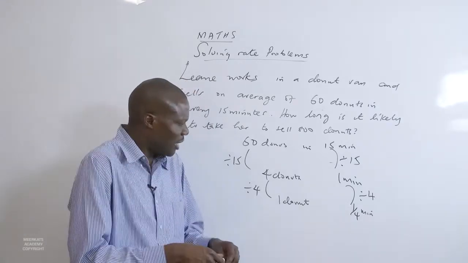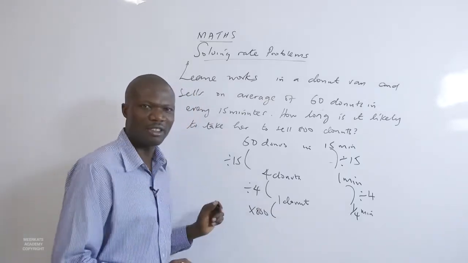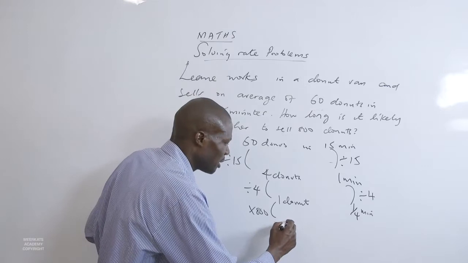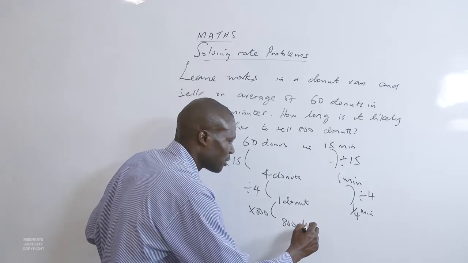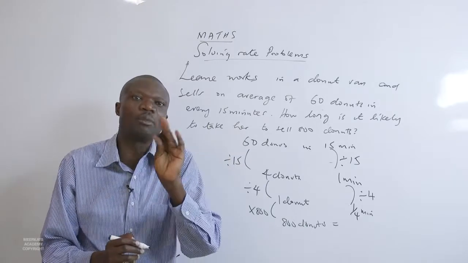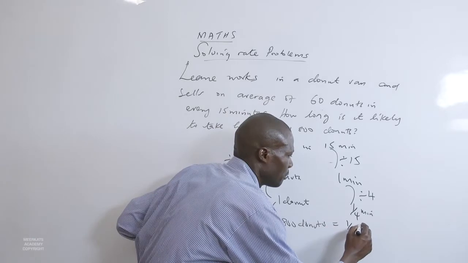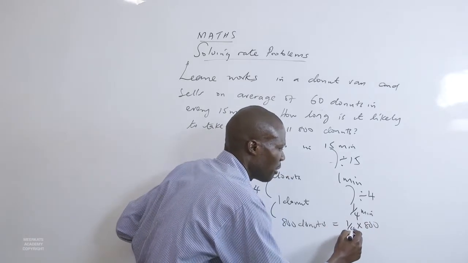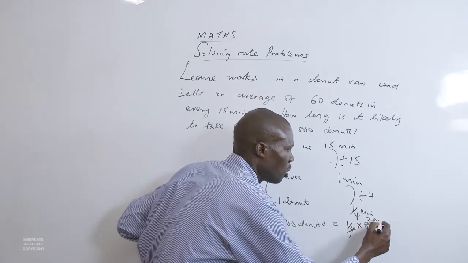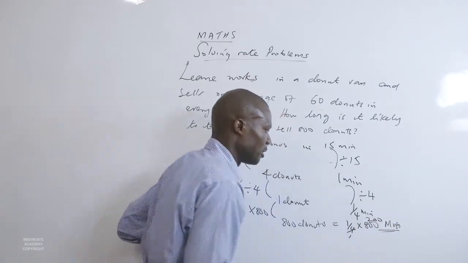You see? That means we are multiplying here by 800. This is 800 donuts will be equal to 1/4 minute multiplied by 800. 800 divided by 4 is 200. And the answer in units is in minutes.